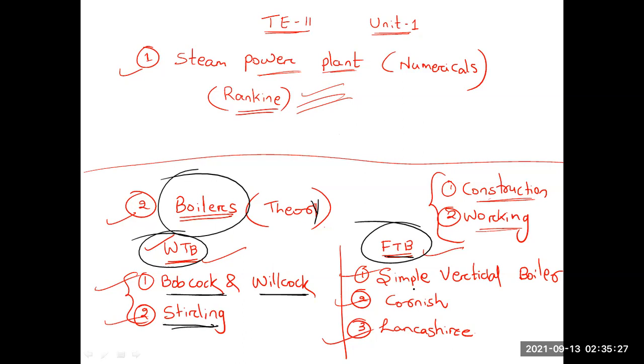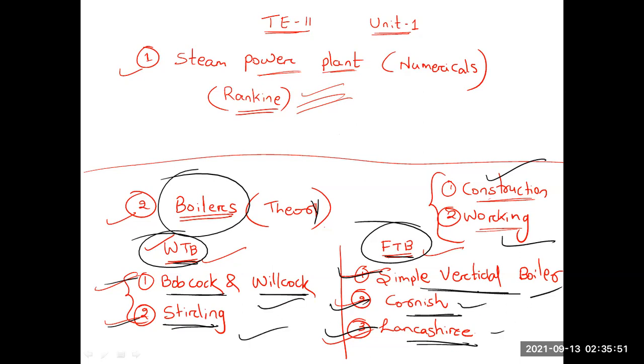In fire tube boilers, we have the simple vertical boiler, Cornish boiler, and Lancashire boiler. So there are 3 types of fire tube boiler and 2 types of water tube boiler in the notes. You have to study the construction details, the diagram, and the working principle of these 5 types of boiler. Any one type they can ask in the exam.